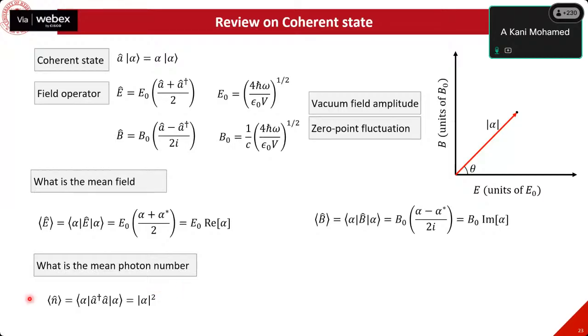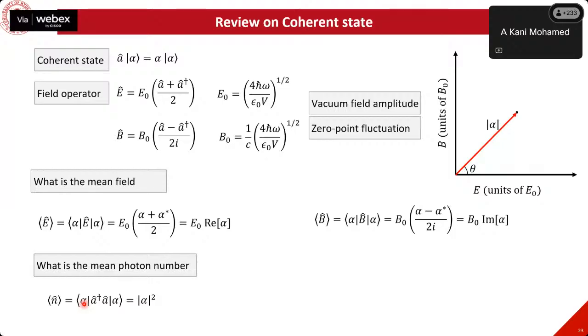The photon number operator is nothing but A dagger A. And for this coherent state, we compute the mean photon number. This is nothing but mod alpha square. So this displacement is nothing but the square root of the mean photon number. We can also write alpha in terms of mean photon number.